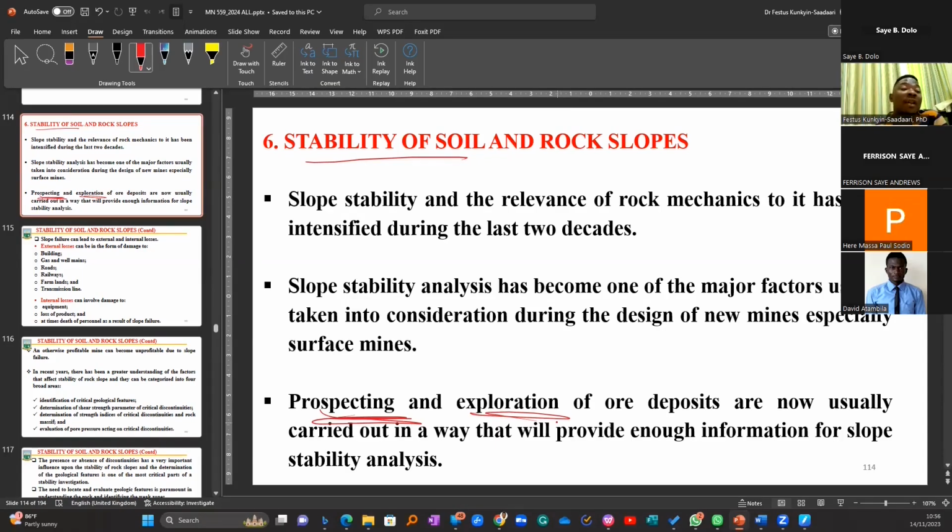Unlike some time past where we were just interested in our ore deposits, we created our geological model minus these things. Today, you have to create the model and include some amount of material such that if we are to mine, where will our slope be? All of these are included during the prospecting and exploration stages today.